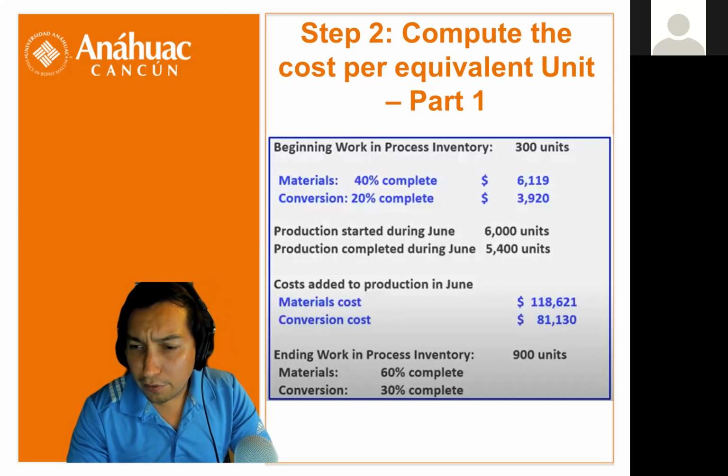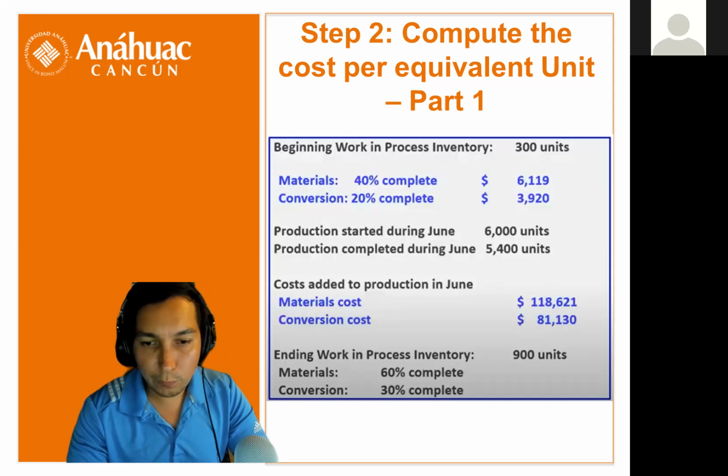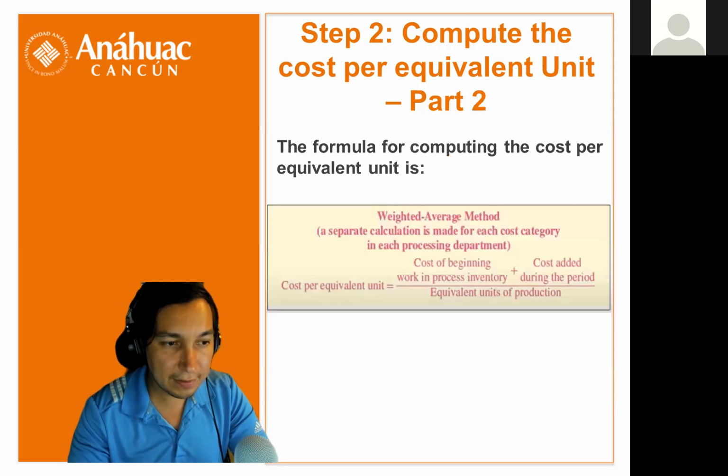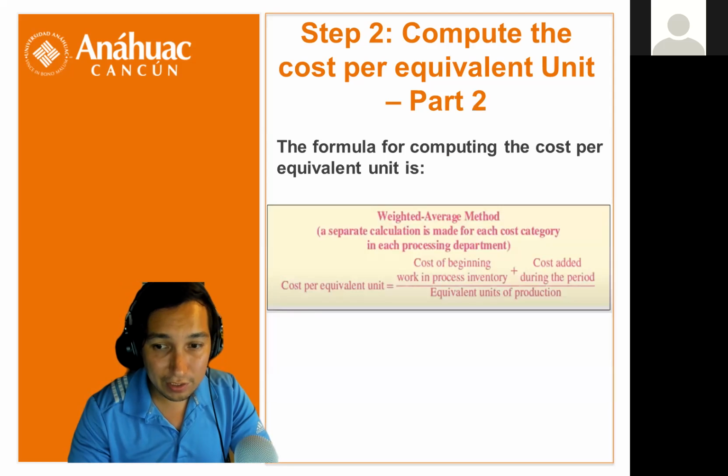And of course, our ending WIP is still 60% complete for materials and 30% complete for conversion. So a lot of information there, but what we want to do is get the cost of our beginning WIP plus the cost added during the period and divide it by our equivalent units of production. But keep in mind, we need to do this separately for materials and conversion.